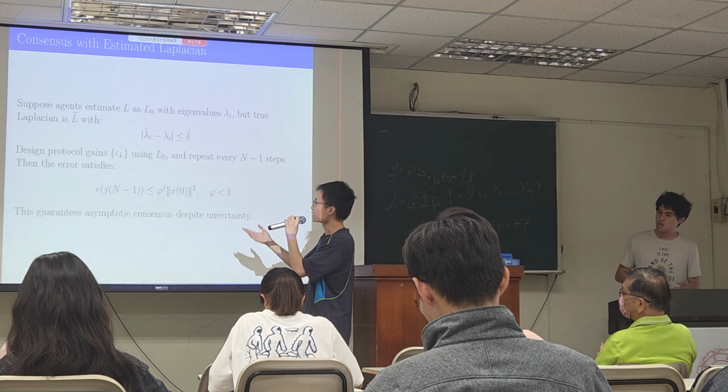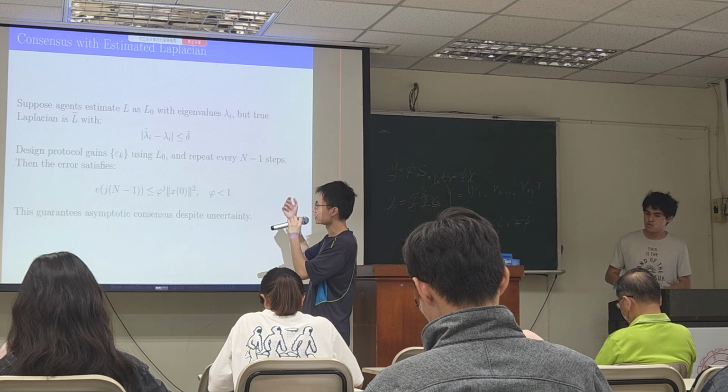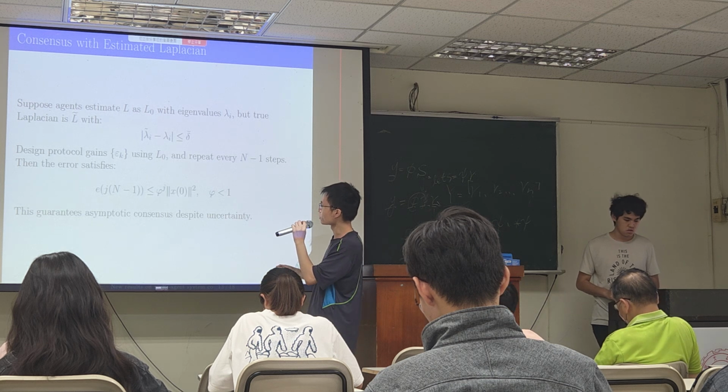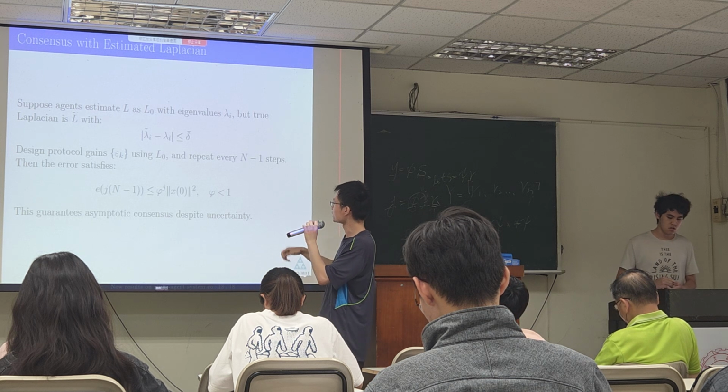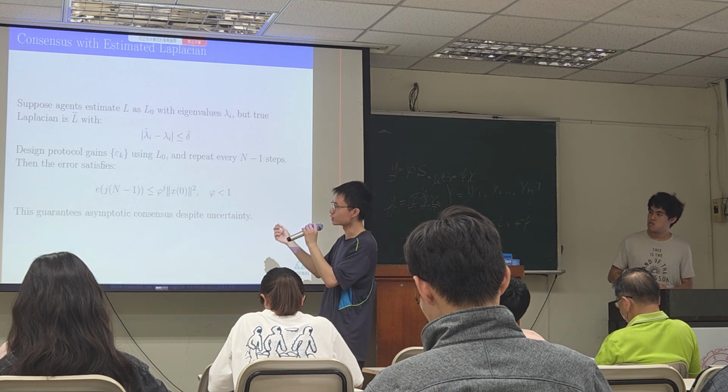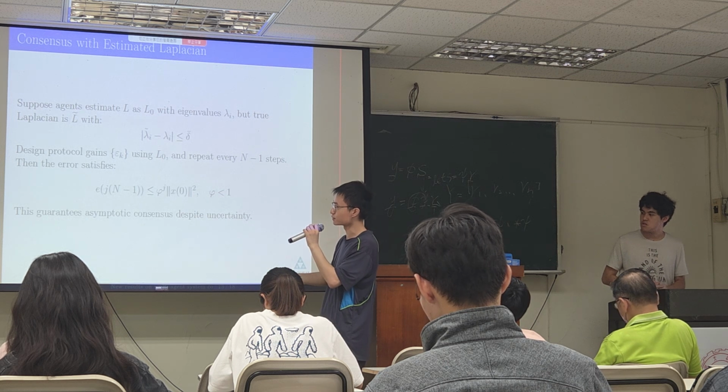And as protocol gains, epsilon k using L0 and repeat n minus 1 steps. So it basically means we do the filtering again and again.